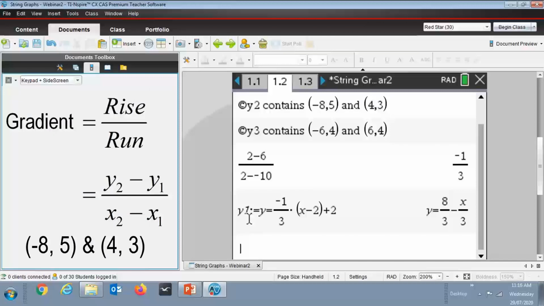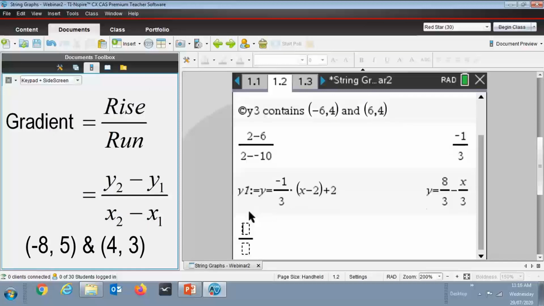So once again, we have control divide for our fraction template. And the numbers we're going to put up on top, we have 3 minus 5, which is the y coordinates of those 2 points subtracted. And down below, we will have 4 minus a negative 8.